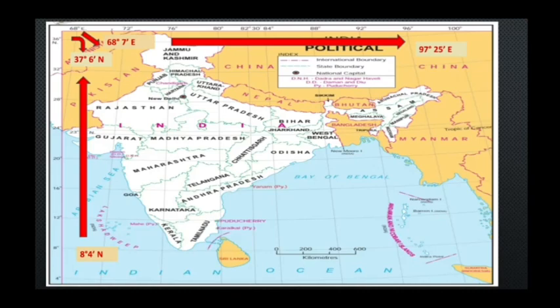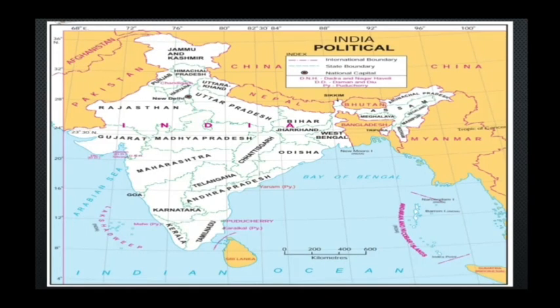Okay children? So now let us see the neighboring countries and the different water bodies that surround our country. Towards the east, if you can see the Seven Sisters, Odisha, Andhra Pradesh, so that is the east side.